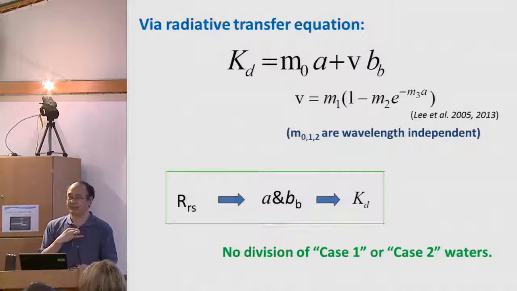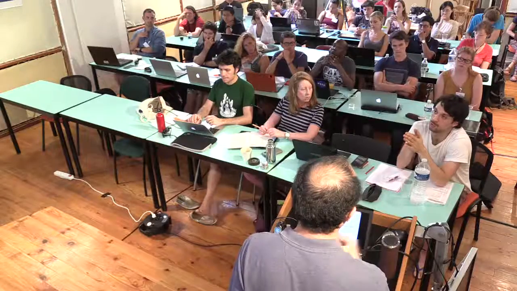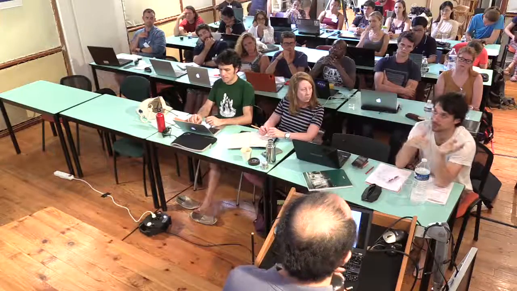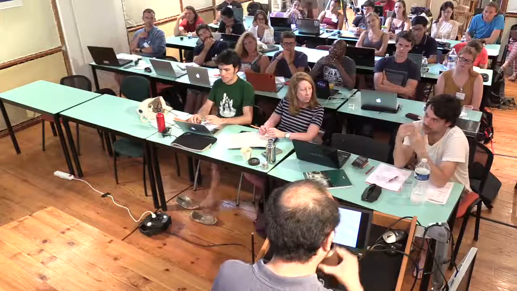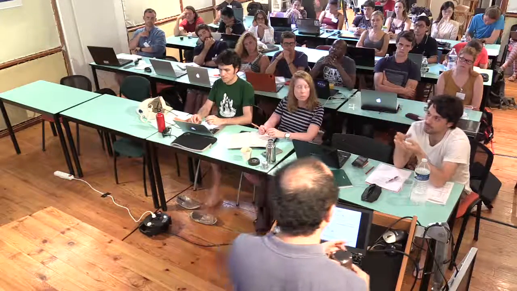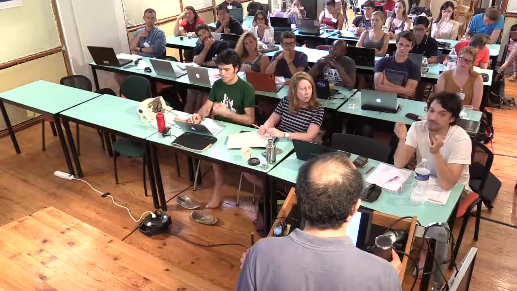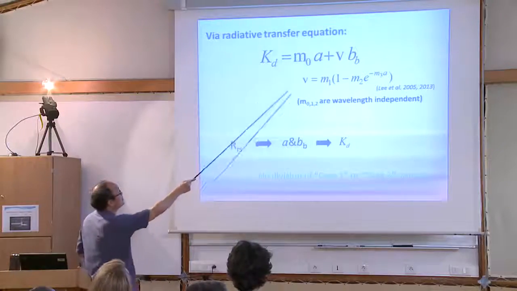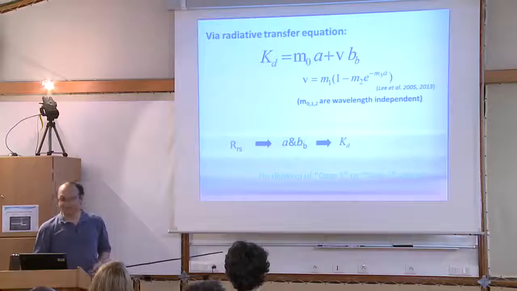Yes, I understand that. So the idea is to set a model that relates IOPs with AOPs. But is there any reason for that functional form, or is it just that it works? Okay, the question is whether there is any physics for this kind of functional form.